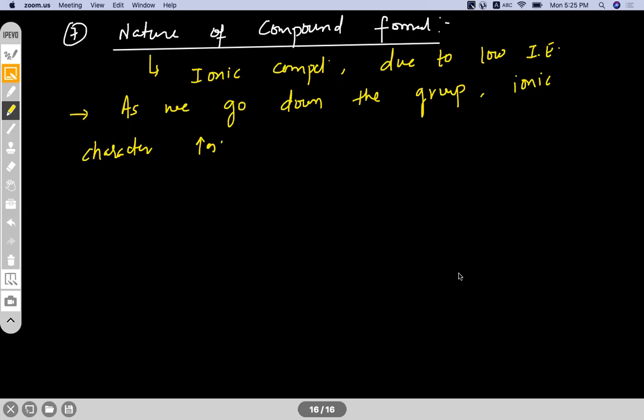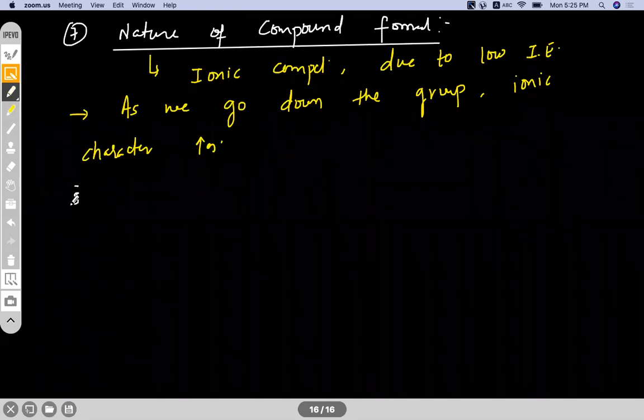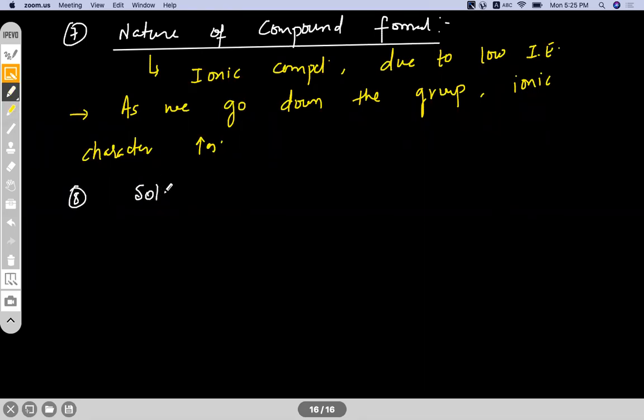Now, next write down, eighth one, solubility and lattice enthalpy.